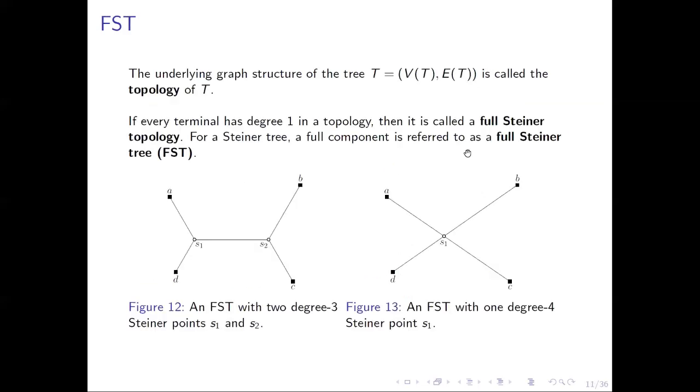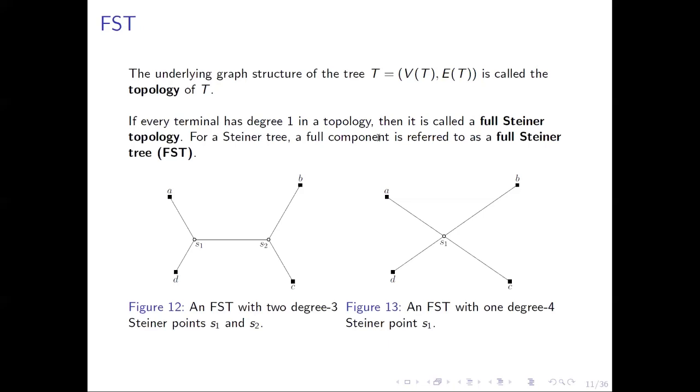Okay, so now we need to define a few more things before we get to the algorithm. We call the underlying graph structure of a tree its topology. And if every terminal has degree 1, then it's called a full Steiner topology. For a Steiner tree, a full component where every terminal has degree 1 will be referred to as a full Steiner tree, or an FST.